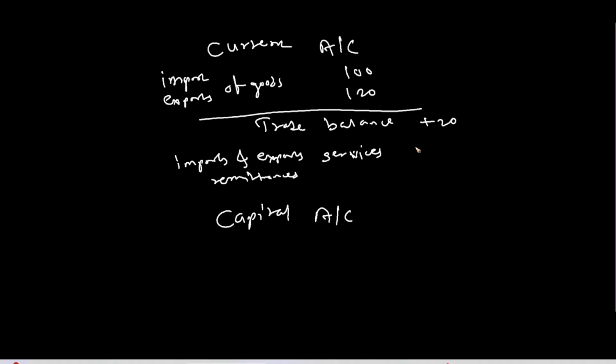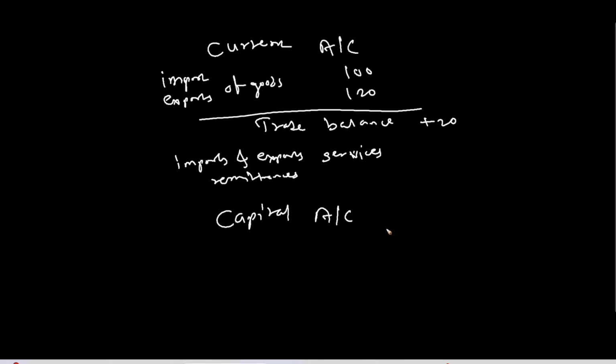But what is the differentiating factor which led to this distinction, capital account and current account? Why this division of transactions? Why are some transactions recorded in current account and why are some transactions recorded in capital account?